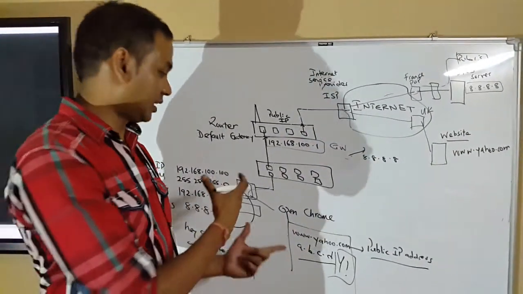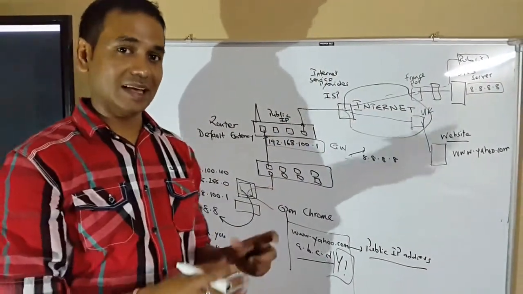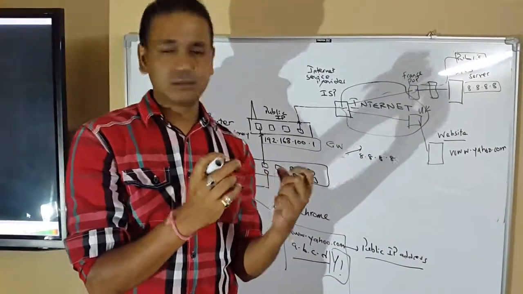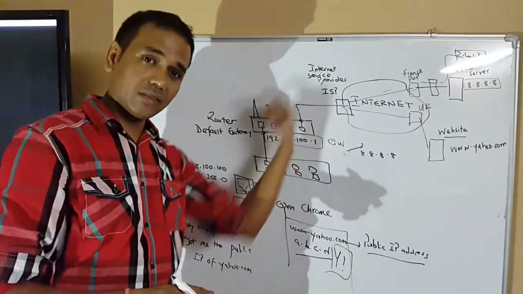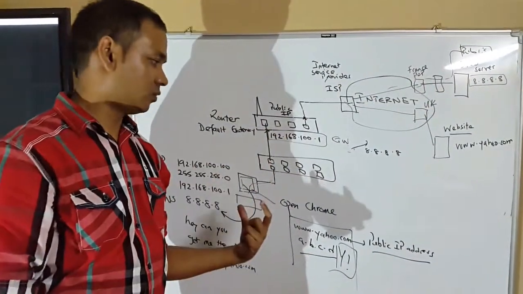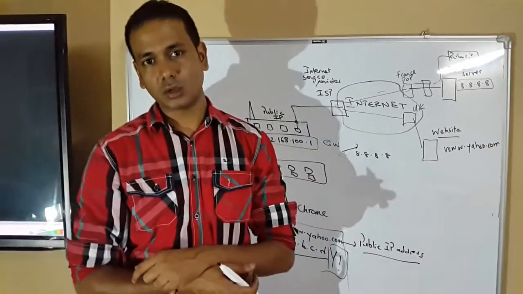This process, as you have seen, is 2 or 3 processes, and it takes like 1 or 2 seconds to query the DNS, to get the public IP address, and to take the web page back to you, for example. This is very important.